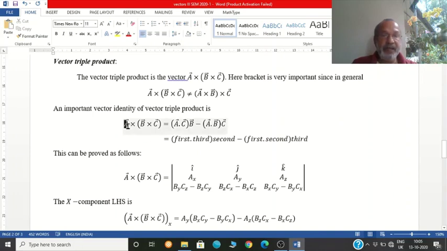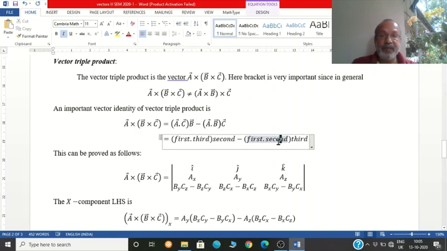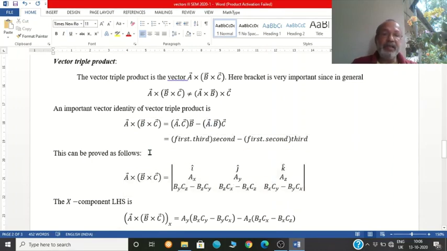That vector identity is A cross (B cross C) is equal to (A dot C) B minus (A dot B) C. That is, first vector dot third vector, into second, A dot C into B, minus first vector dot second vector, A dot B, into third vector. Next I will prove this vector identity.